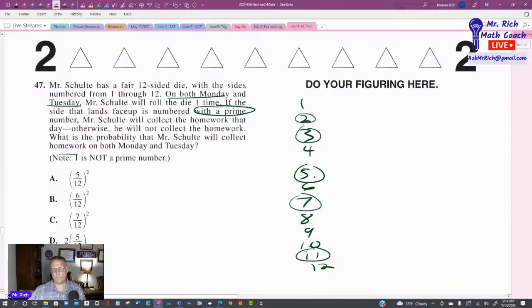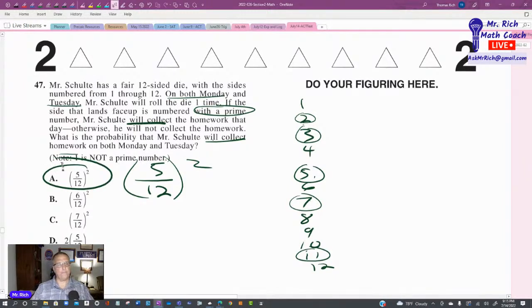So there is a 5 out of 12 chance on Monday. So if it's both Monday and Tuesday, that's going to have to be that squared. Be 5/12 chance on both days of collecting homework. He will collect if it is face up with prime. Yeah, I want to make sure I didn't have it backwards. So I like A.